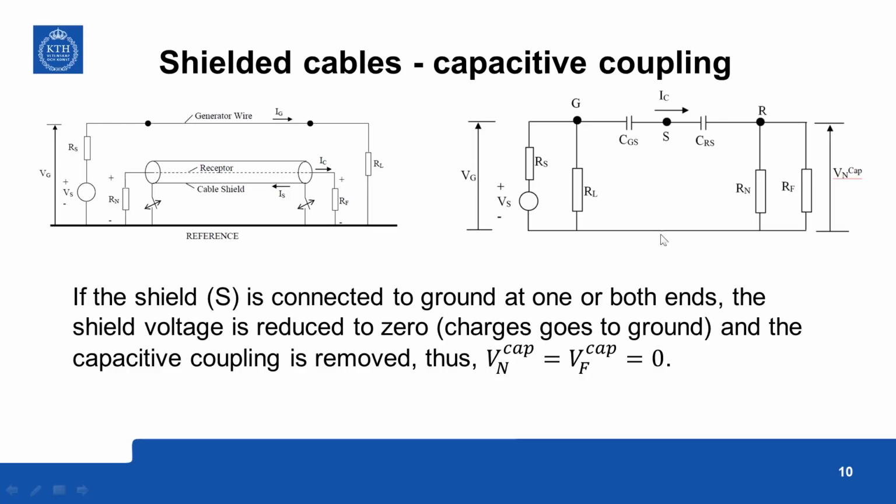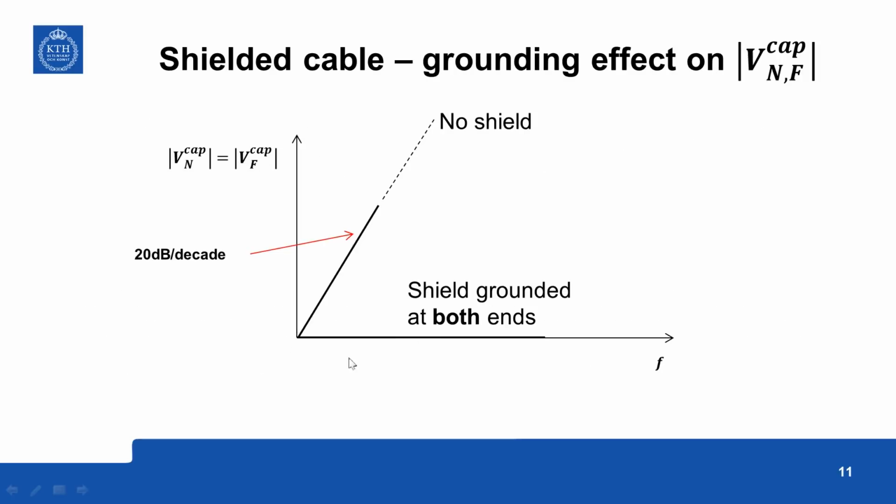If the shield is connected, then Vn cap, or the capacitive crosstalk, will be 0 as before. So this can be represented in this way.